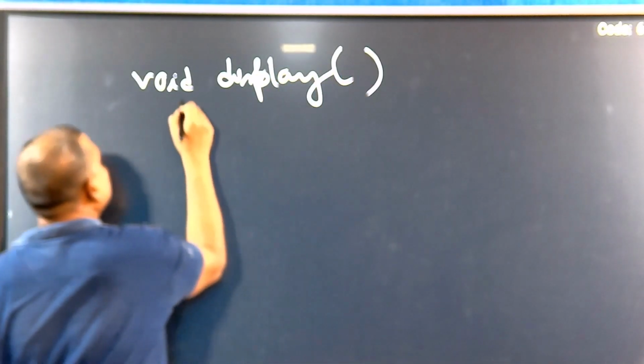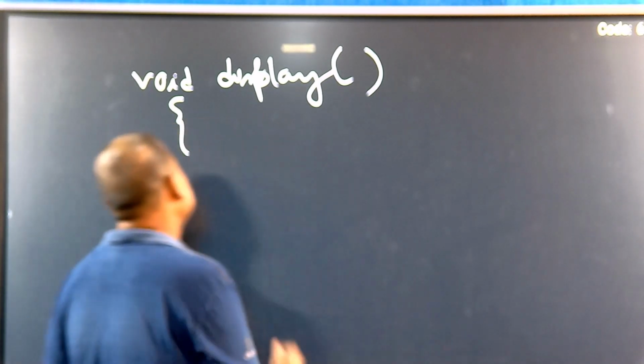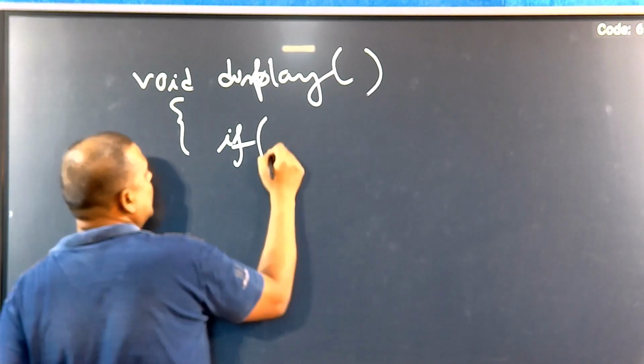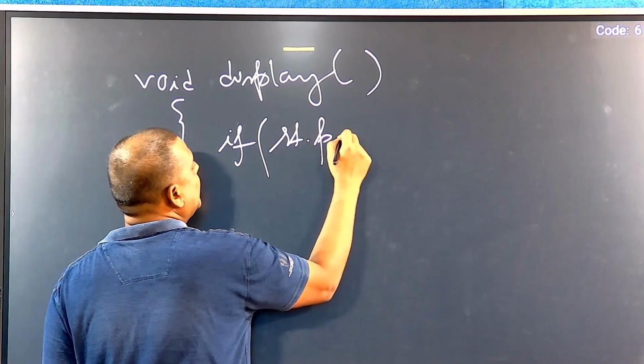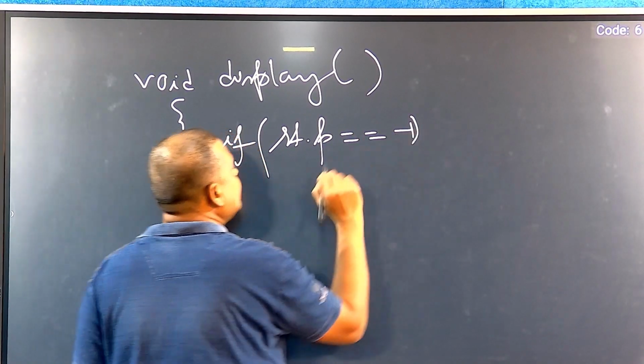Okay. So, we can display again the same thing if there is some element in the stack. How will we check it? We will write if the stack is empty, st.p, if st.p equals -1, then we will say it is empty.